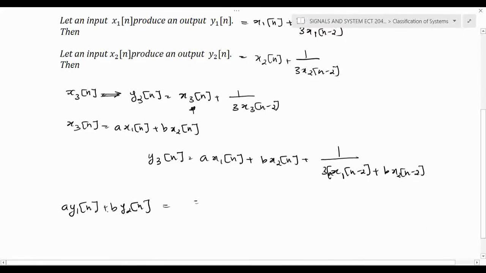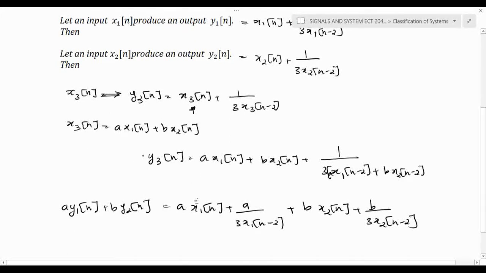But if you write a y1 of n plus b y2 of n, it will be like this, a into x1 of n plus a by 3 x1 of n minus 2, plus b into y2 of n should be like this, b into x2 of n plus b by 3 into x2 of n minus 2.